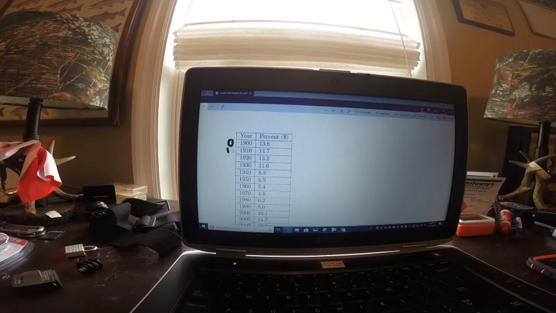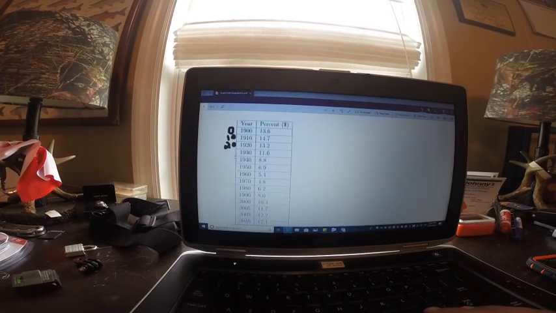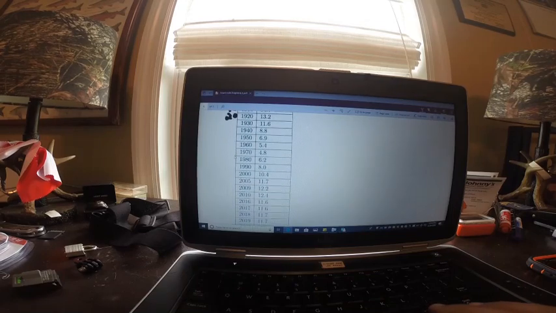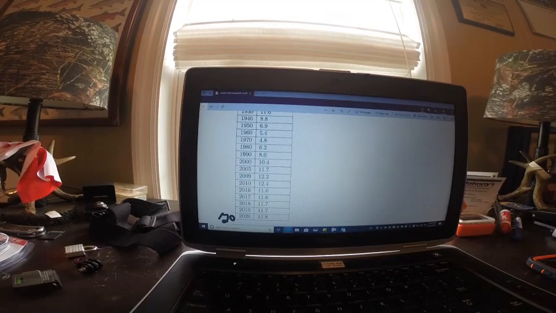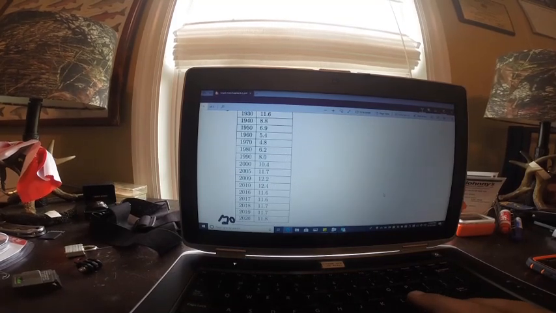And then it goes 10, then 20, then 30, 40, on down, all the way to 2020, which would be year 120. So be careful inputting those in, and it doesn't go on an even pace. It starts by going years of 10, and then it changes and eventually goes by ones. So keep that in mind as you type all this in your calculator.